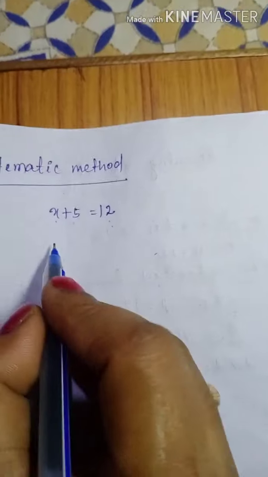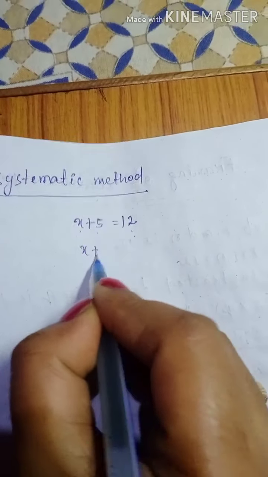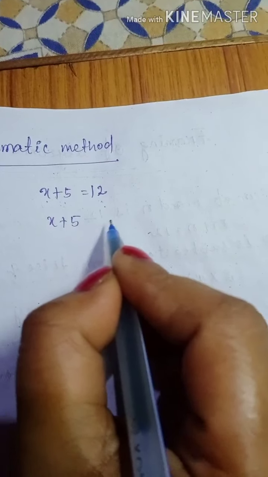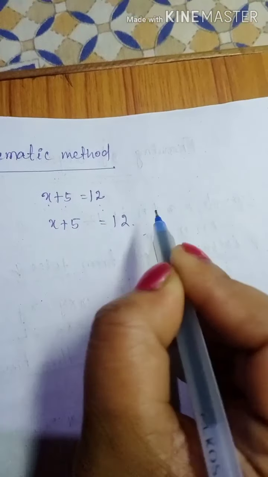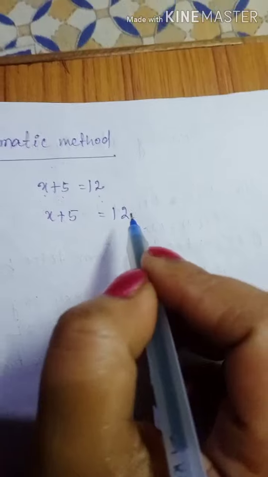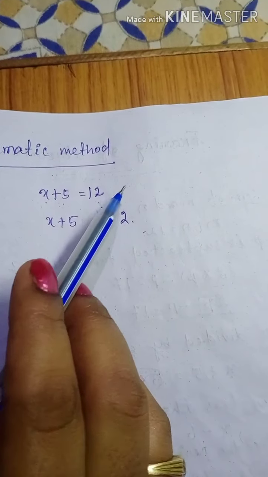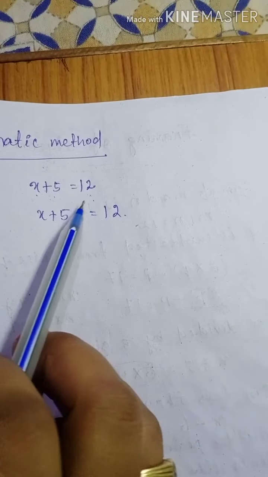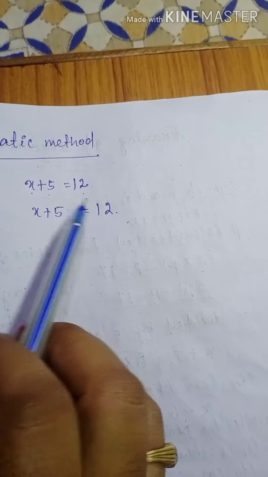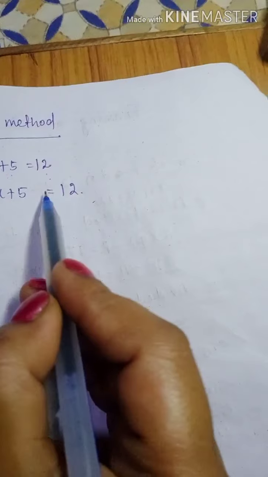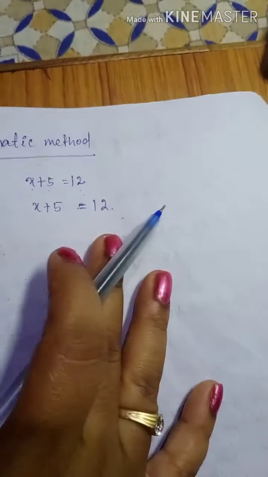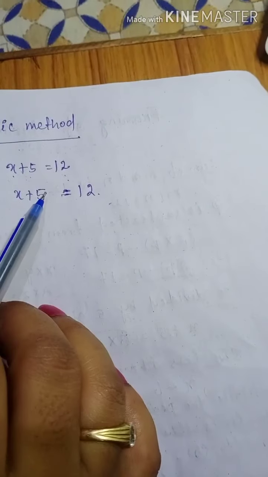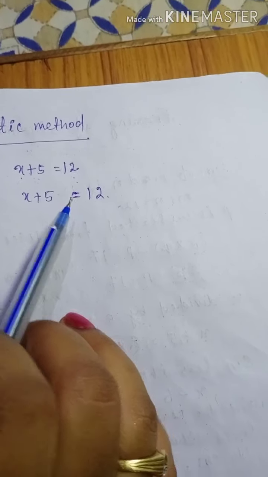See what I will do here. x plus 5 is given on the LHS side, and on the RHS side 12 is given. In this method, without changing the equation, we should try to keep balance on both sides of the equal sign, without putting the value of x one by one.